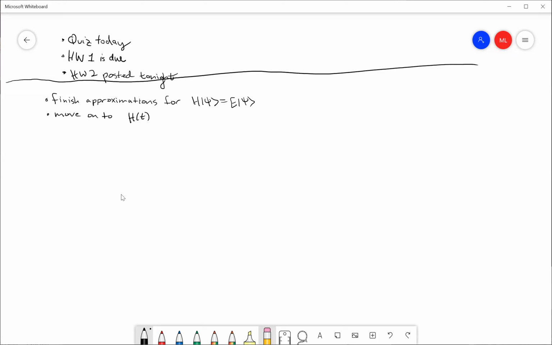But there we solved things exactly. So what we'll be doing is trying to approximate solutions to the time-dependent Schrodinger equation. And that'll lead us to a discussion of path integrals and propagators and things like that. So that's the plan.